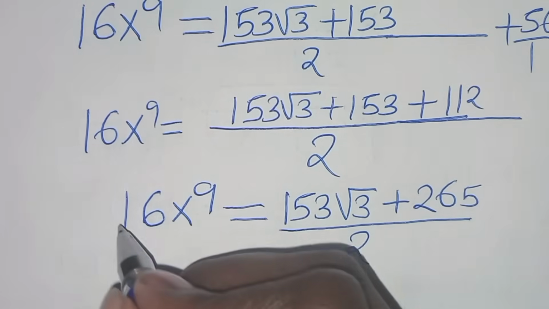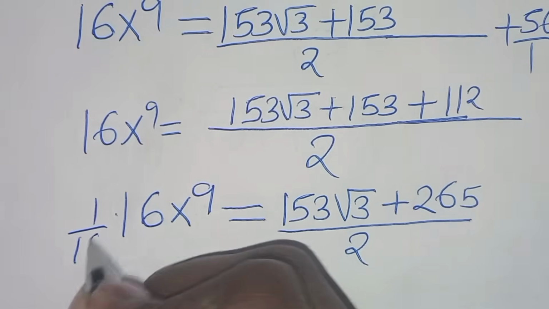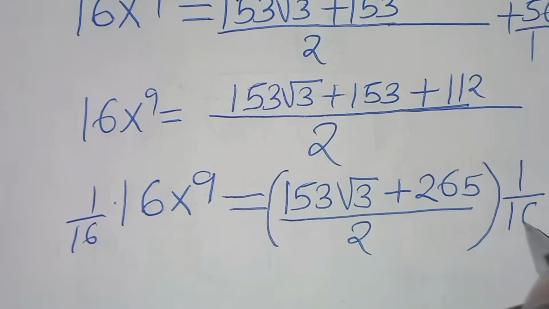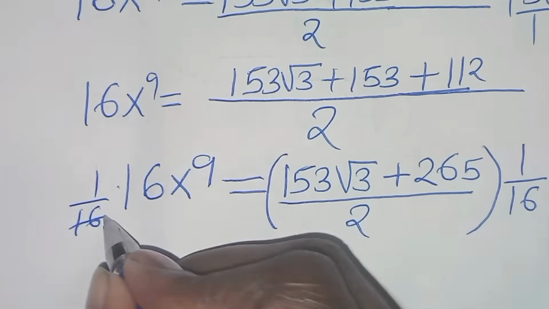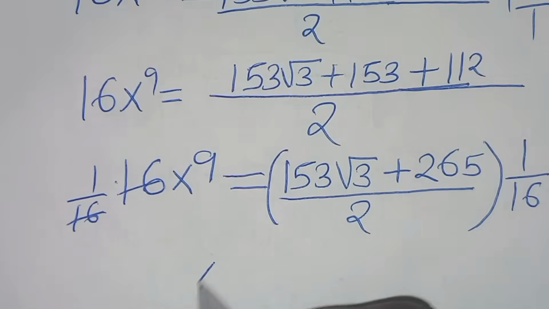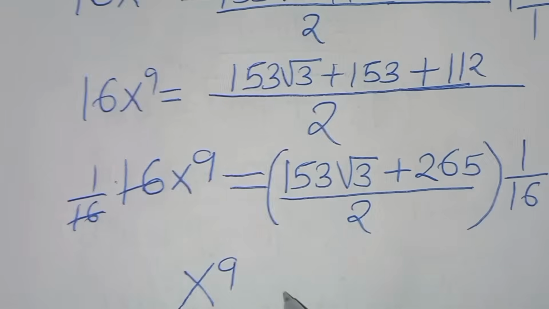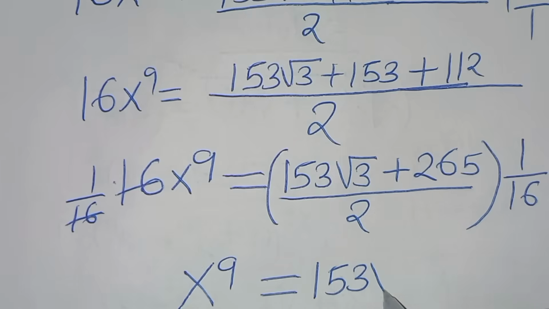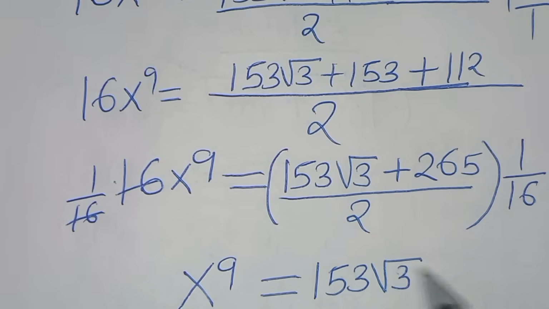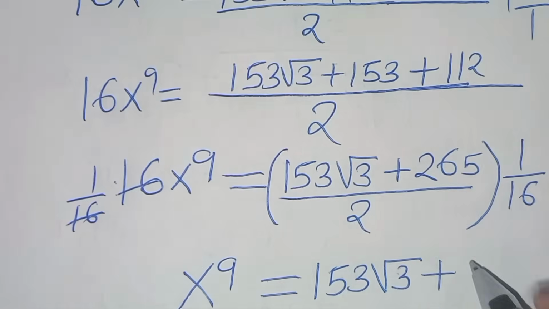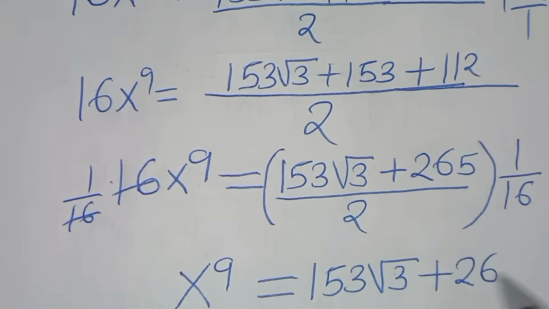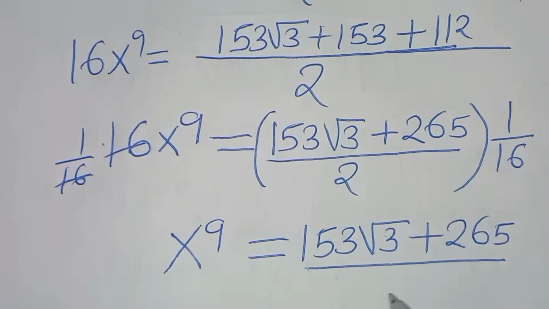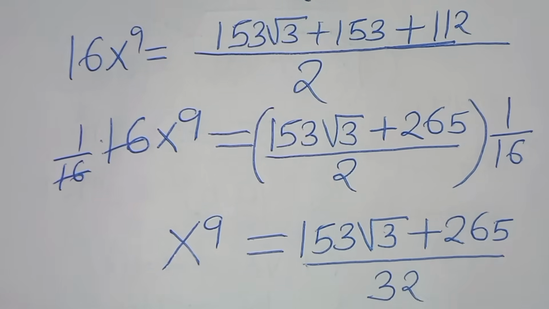The next step is to multiply both sides by 1 over 16. So let's multiply everything here by 1 over 16. So let's simplify here, so that now we have x to the power of 9. This is equal to 153 square root of 3, then plus 265 divided by 16 times 2, which is equal to 32.